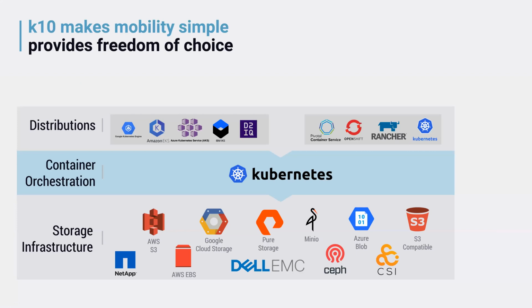Obviously you're tightly coupled within the Kubernetes ecosystem, but as far as the distribution is concerned, we're compatible with a lot of different distributions, such as D2iQ Convoy, but also Google Kubernetes Engine, Amazon EKS, or just a plain old cluster that you spun up yourself as well. You get the flexibility there.